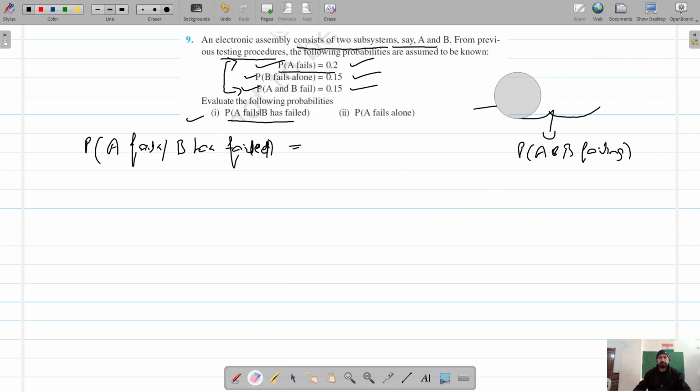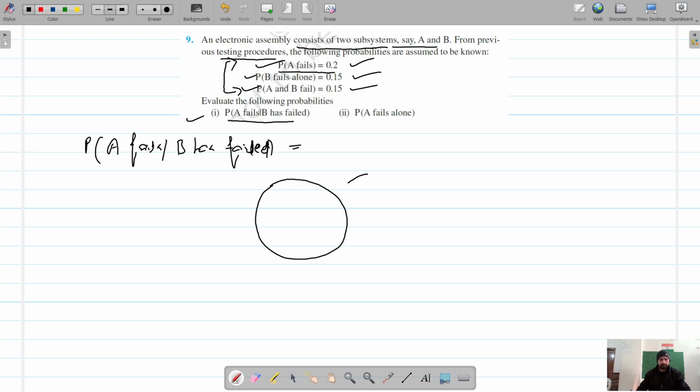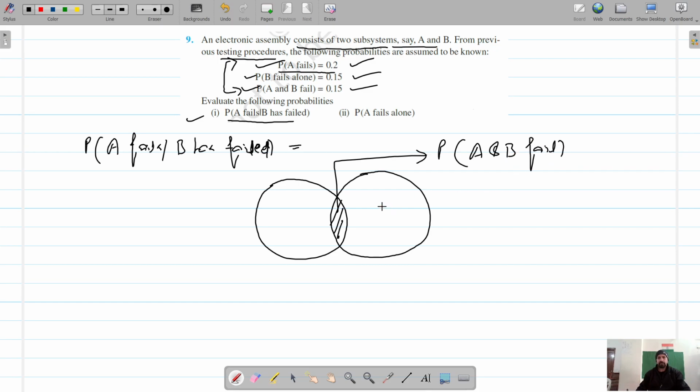Let me just draw it once again. Let's say this is the probability of A's failure and this is the probability of B's failure. This one is the probability of A and B failing. Leaving this one, because this is A and this is B, this is the probability of B failing alone.